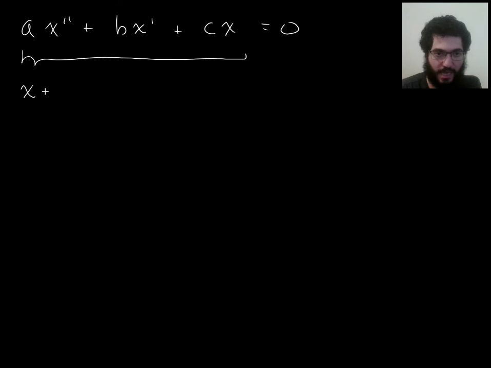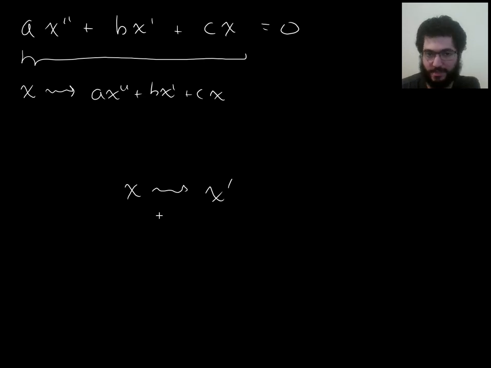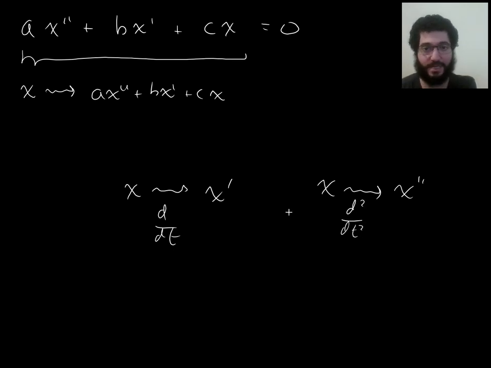Think of it as x becomes ax'' plus bx' plus cx. Like if x becomes x', then what would you say is happening to x? You would say d/dt is getting applied to x, right? If x becomes x'', you would say the second derivative, d squared dt squared, is getting applied to x.